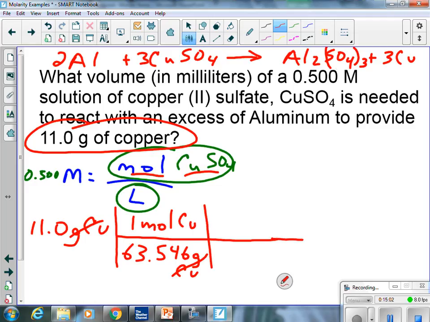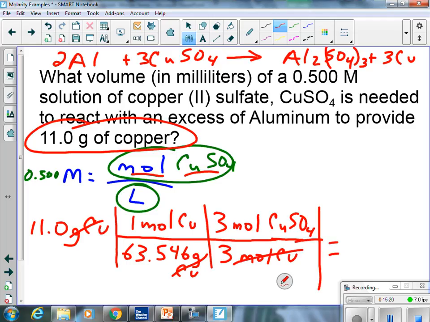So now I've got to do a molar ratio move. So I look up and I say, okay, in my balanced equation, 3 moles of copper are 3 moles of copper 2 sulfate. Now I've converted that into moles of copper 2 sulfate. Isn't that what I needed for my equation right here? Yes.